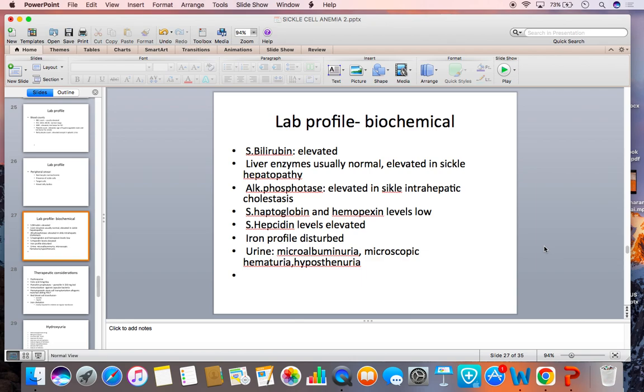Serum LDH levels are elevated. Iron profile is disturbed. Okay. Urine for microalbuminuria, microscopic hematuria, and hyposthenuria. So this should be screened in order to know the sickle nephropathy.